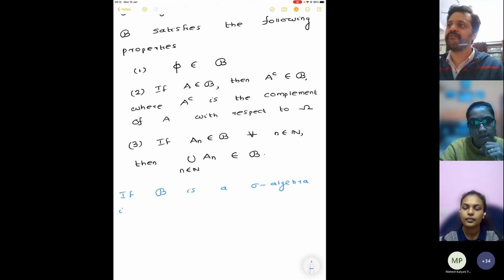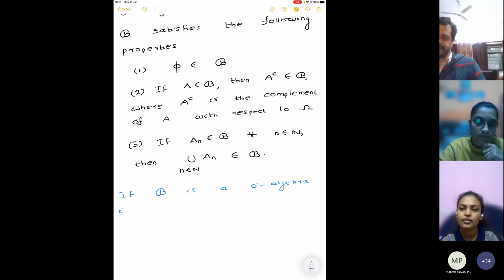The null set and the full set are in tau, and so on. And where did those axioms come from? Those axioms came from studying properties of open sets in R or open sets in a metric space.